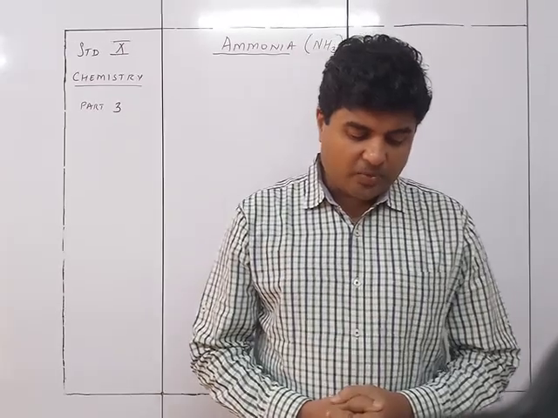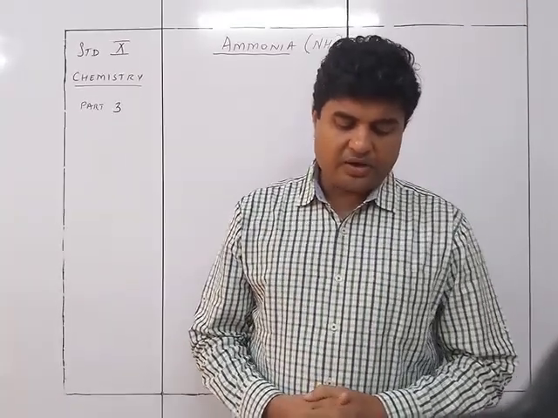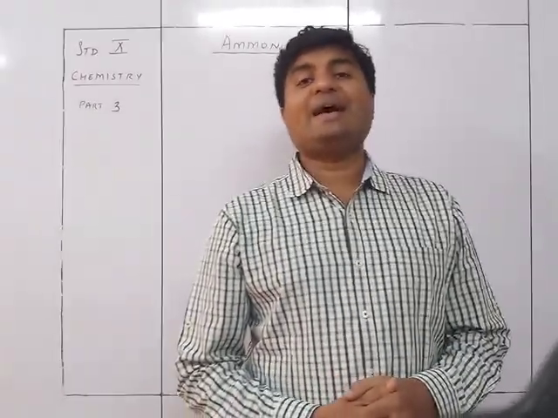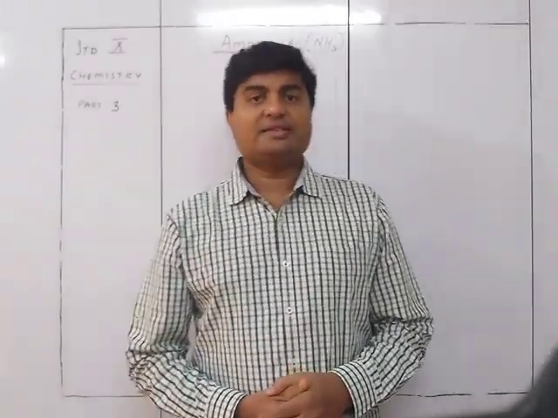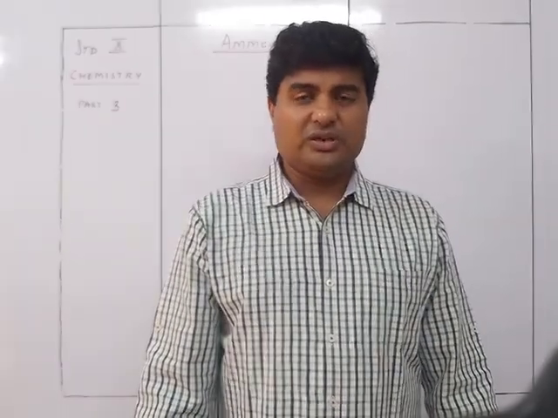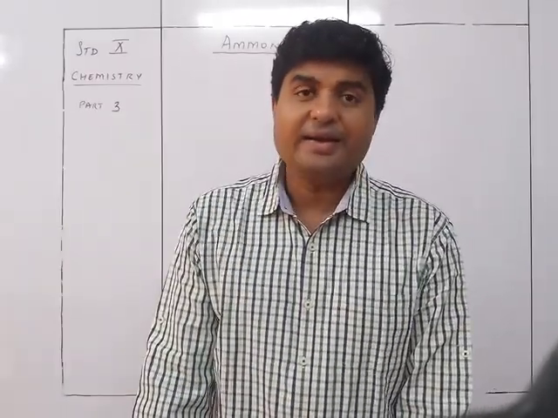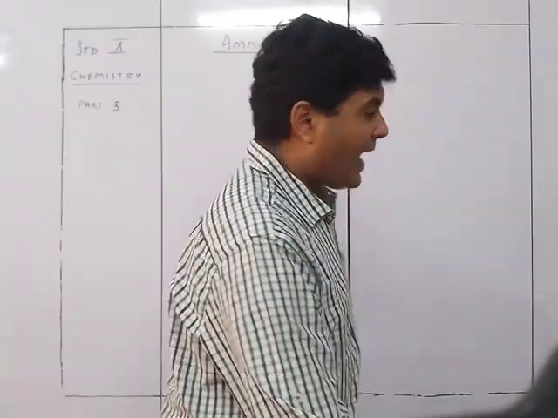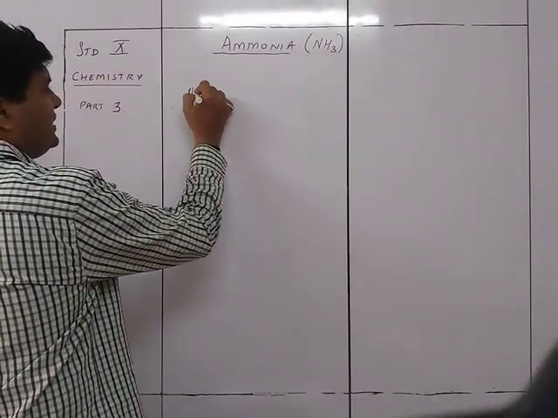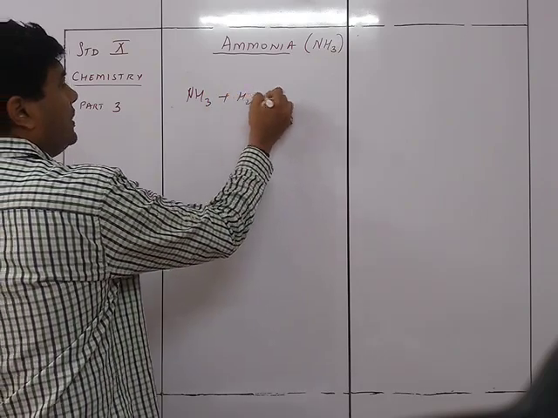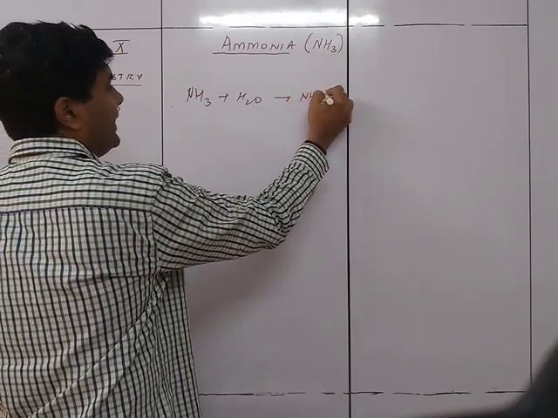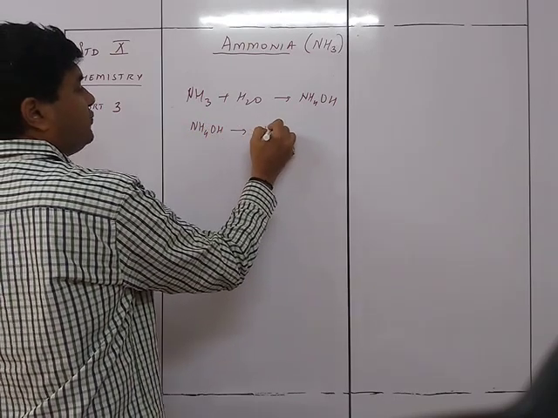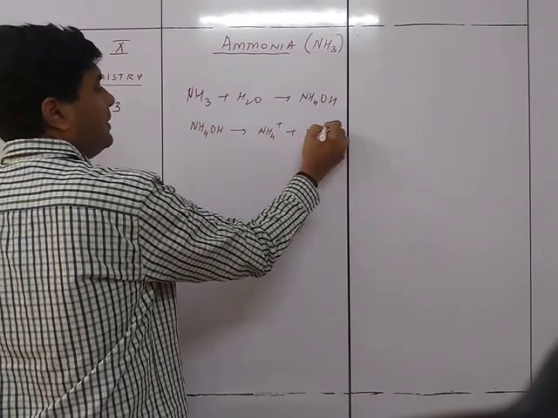The aqueous solution of ammonia turns red litmus blue and phenolphthalein solution pink. That is how the aqueous solution of ammonia acts as an alkali. That's the main part: it is basic in nature, an alkaline solution when added to water. When it is added to water, NH3 plus H2O gives NH4OH, which is nothing but NH4+ and OH-.